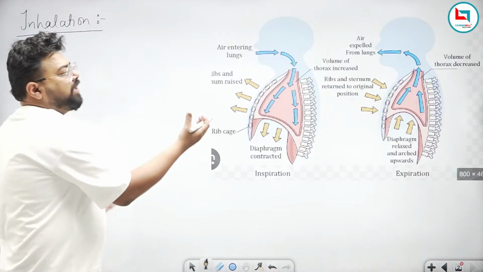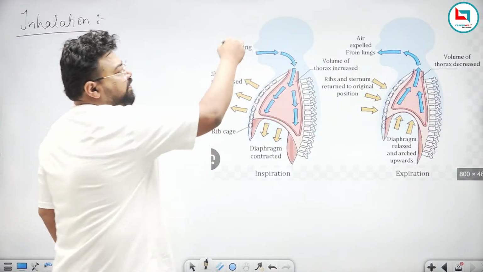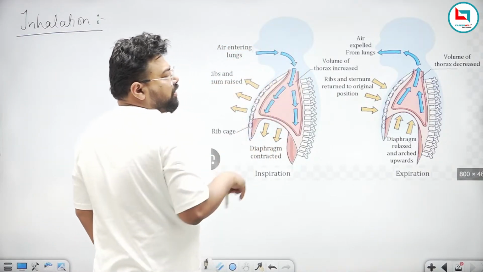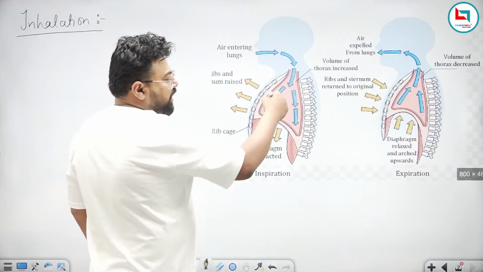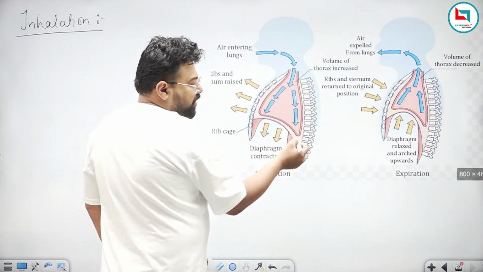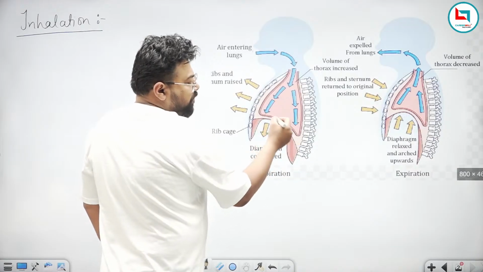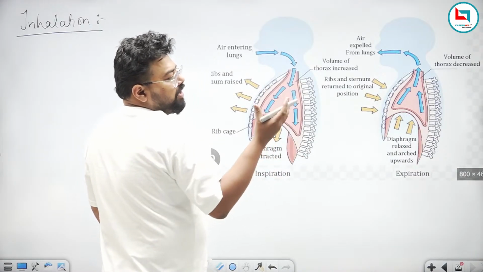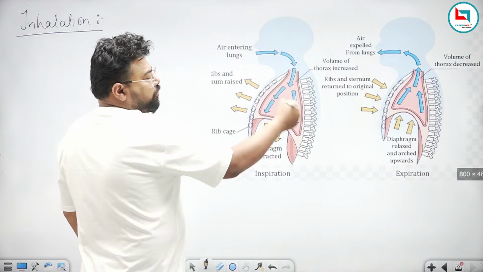So, when we inhale, the air goes inside our body into the thoracic cavity and it creates a pressure over a muscular flap structure, and this muscular flap structure is known as the diaphragm and it is dome shaped.